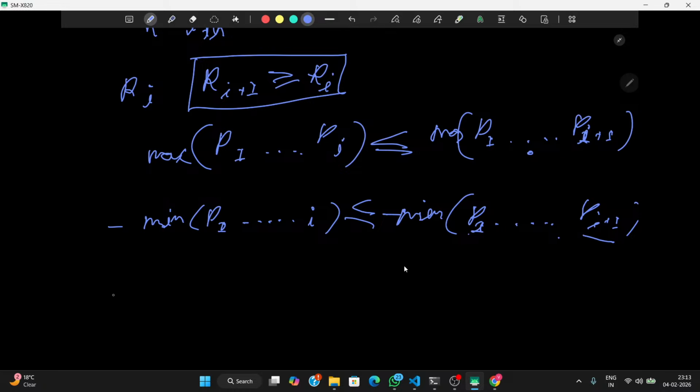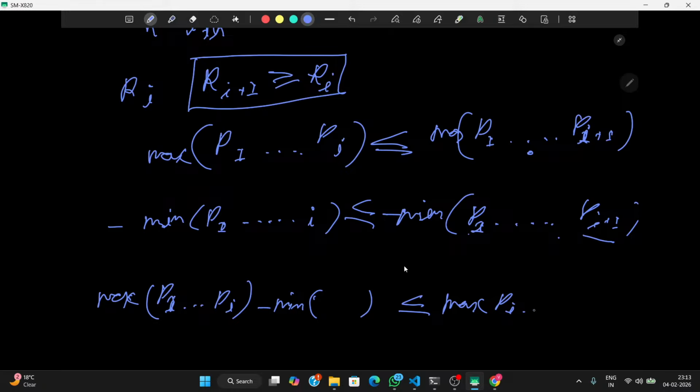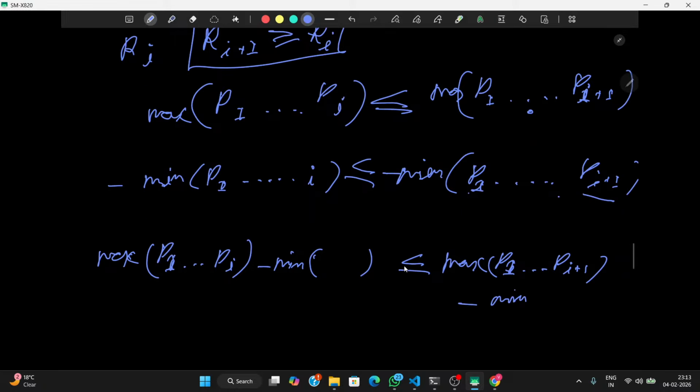So after adding these, we will simply get maximum of P1 to Pi minus minimum of P1 to Pi will always be less than or equal to maximum of P1 to P of I plus 1 minus minimum of the same number of elements.